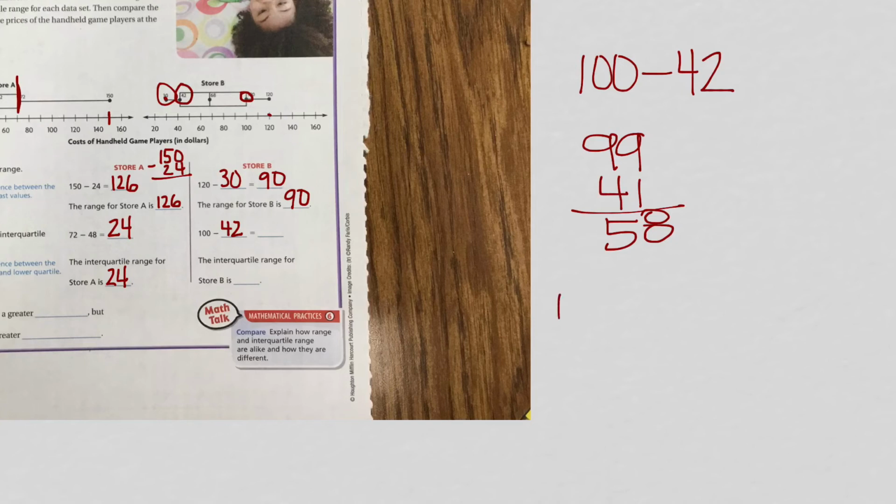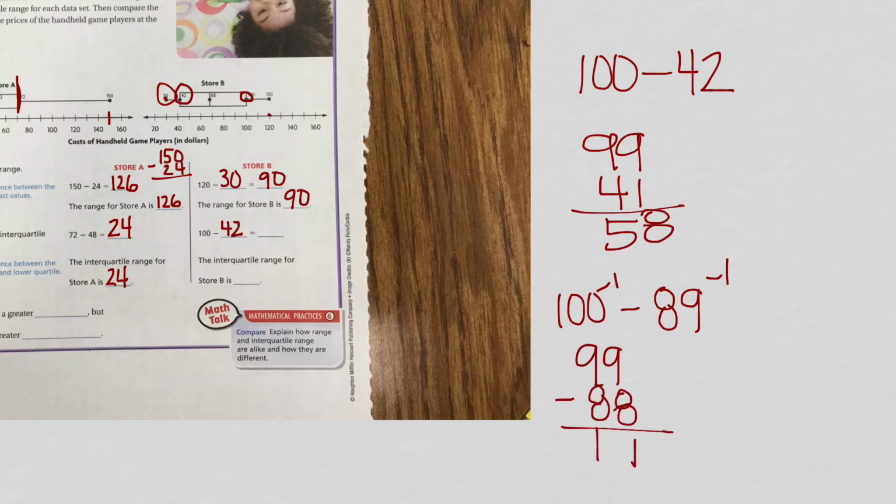Okay, so let's try it. So if I had like 100 minus 89, instead of having to borrow, all I have to do is subtract one from here and subtract one from here, and I get 99 minus 88, and that makes it so much easier.